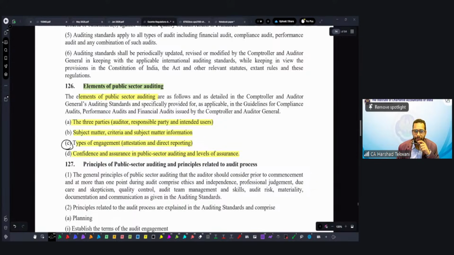What do you mean by attestation or direct reporting? Quickly. Reasonable conclusion under attestation. Okay.